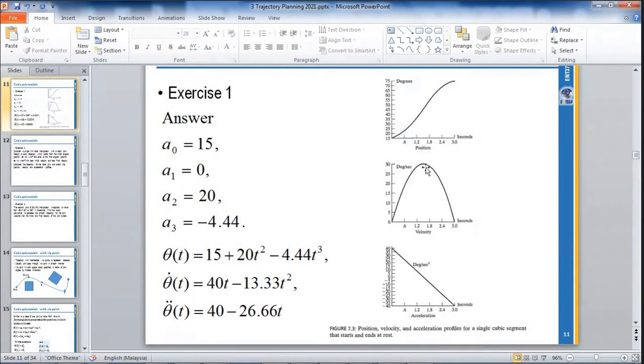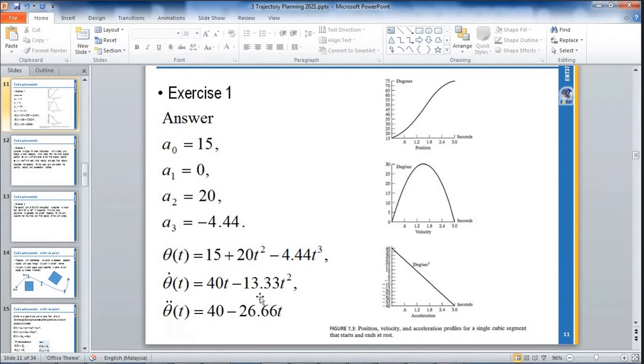So your velocity will increase in the middle of the distance, between the initial position and final position, up to the maximum velocity. At start and final, your velocity equals 0.